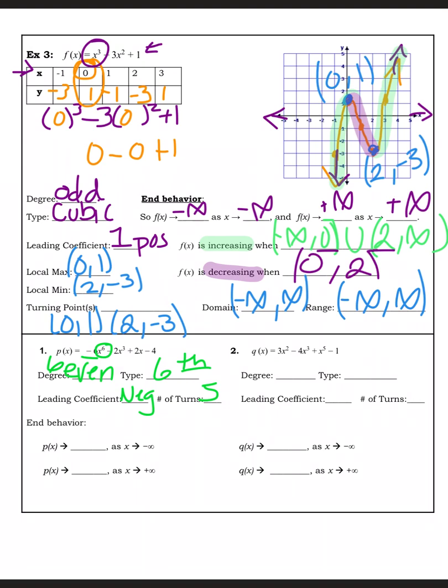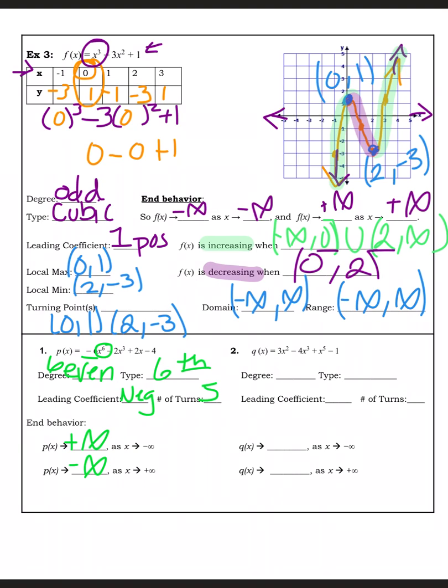Your end behavior is from positive infinity to negative infinity, and negative infinity to positive infinity, because it is an even degree and a negative leading coefficient. Alright, the other one, let's finish strong. It is not in order.